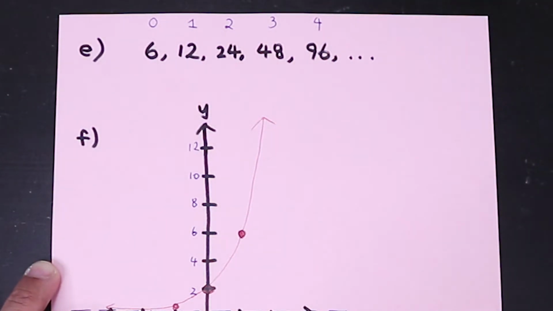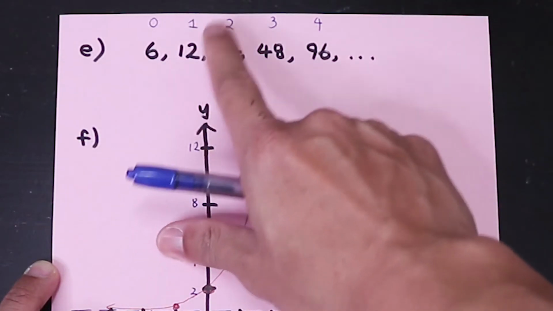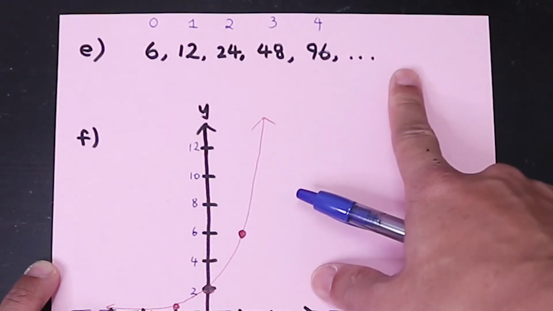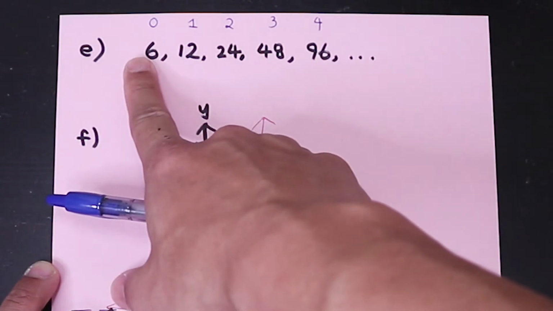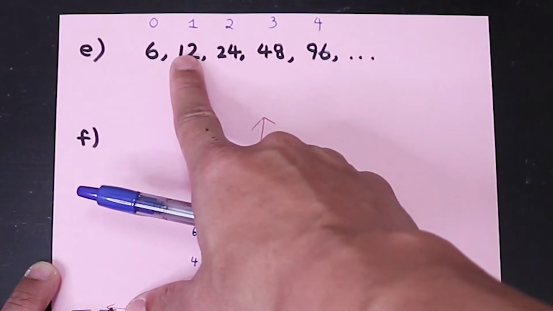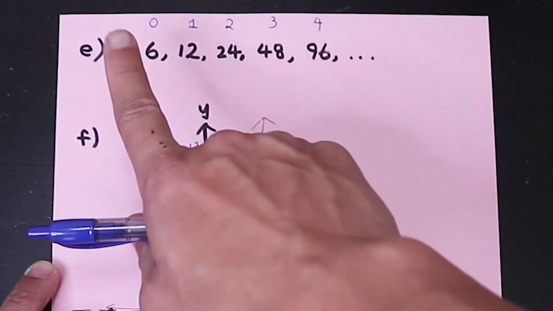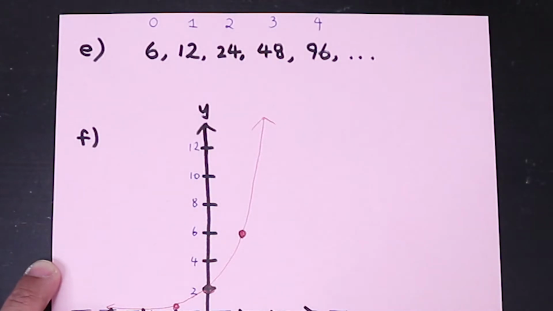That way, we have a set of ordered pairs, like 0, 6, 1, 12, 2, 24, and so on. When you have a list of numbers on Pearson, they assume the first number is the 0th term, and the second number is the first term. I know it's kind of confusing, but this is how the Pearson homework lays it out for you.